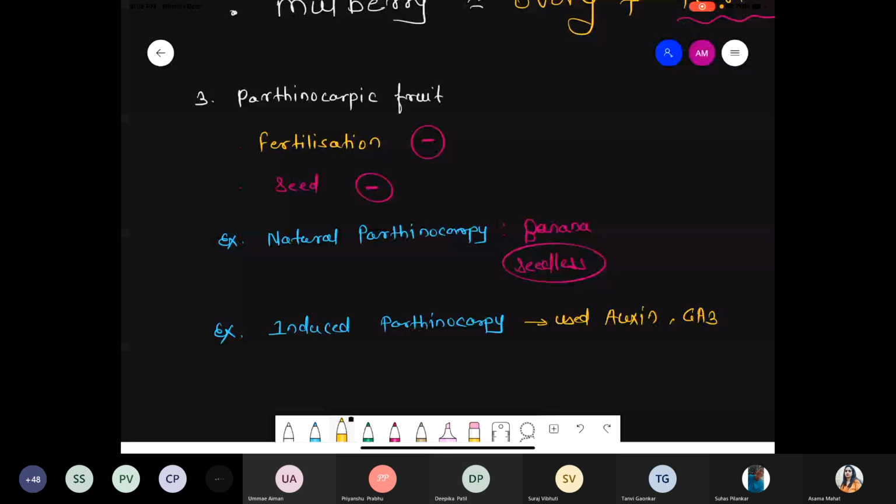And after that there is development of seedless fruit. In this case we take one example, that is tomato. Please remember, the tomato that develops is a seedless tomato. So for parthenocarpic fruit, we are taking two examples. Number one, banana, which is natural parthenocarpy. Seedless tomatoes are basically induced parthenocarpy. Done?